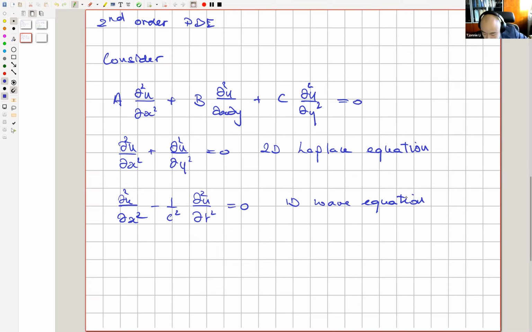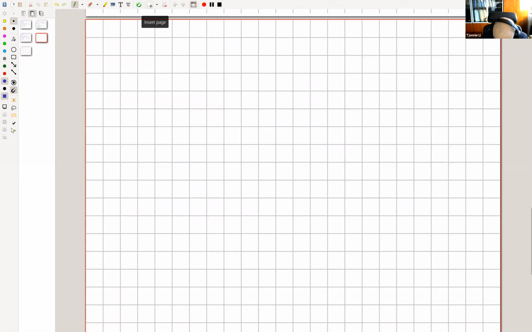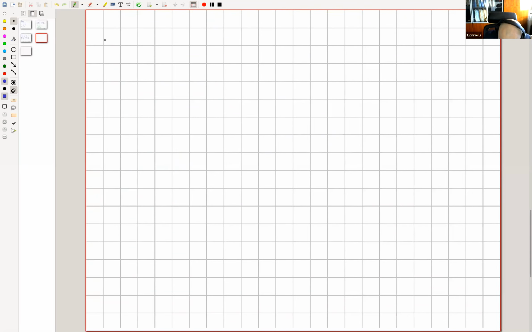And again, just as a reminder, if I look at the most general form that I could think about without even specifying the functional forms, I could assume a solution of the following form, such that u of x, y equals f of p.